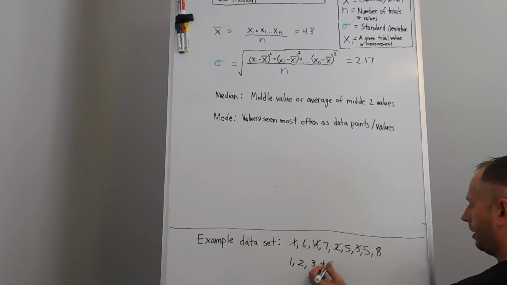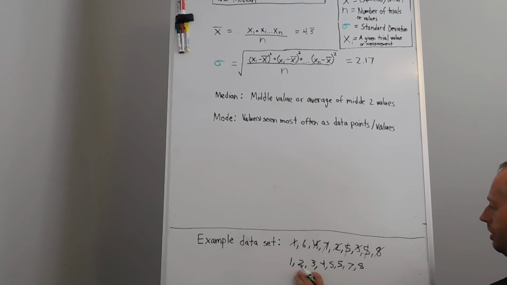We end up with 5, 5, which gets rid of the 5s, 7 and 8. So the middle value here is going to be number 5, which just happens to be 5, I guess. That's also going to be our mode, and I'll tell you why in a moment.